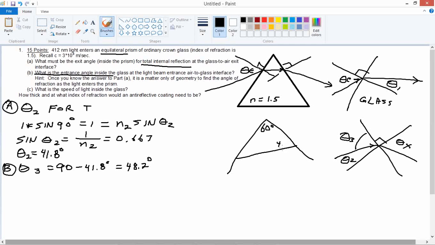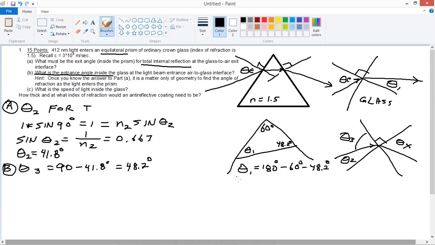Now, theta 1, we're calling this theta 1, is just these three angles have to sum to 180. Angles have to sum to 180 degrees in a triangle. So theta 1 is 180 minus 60 minus 48.2.